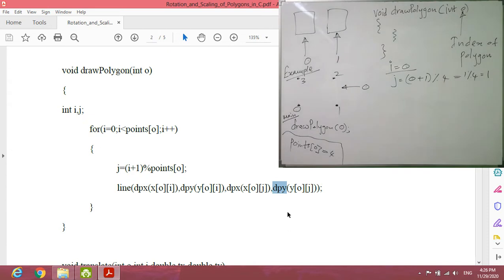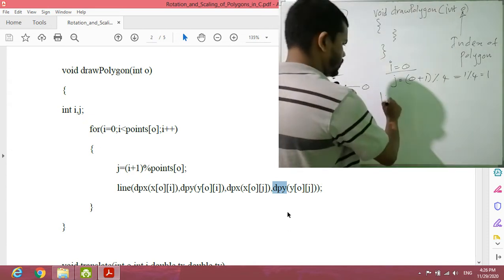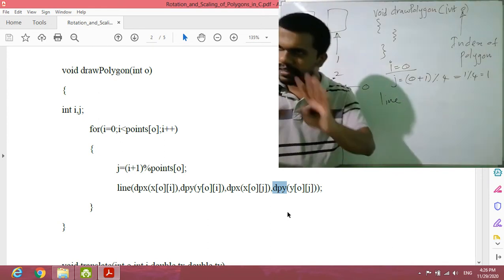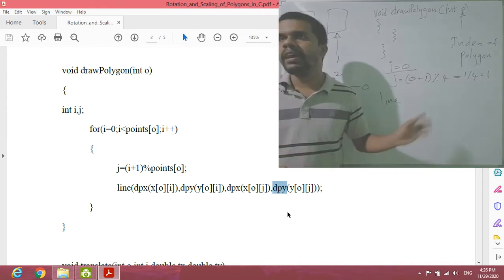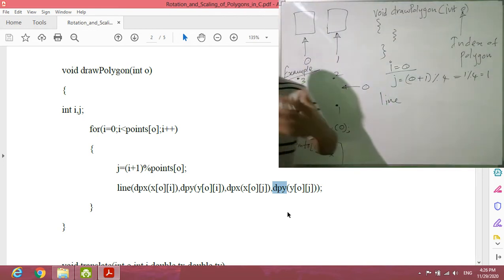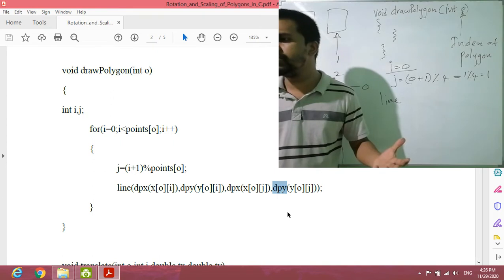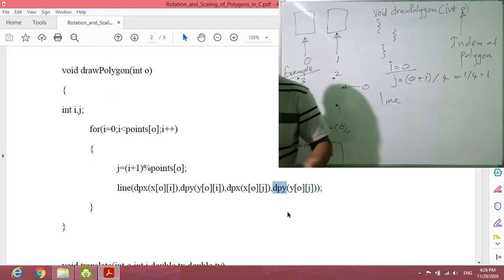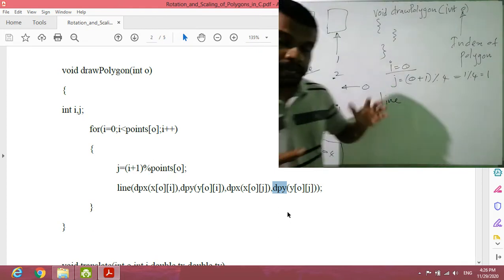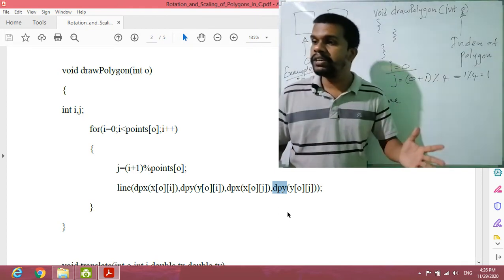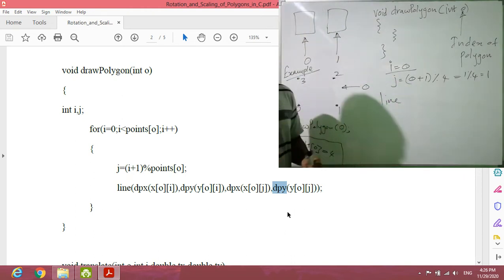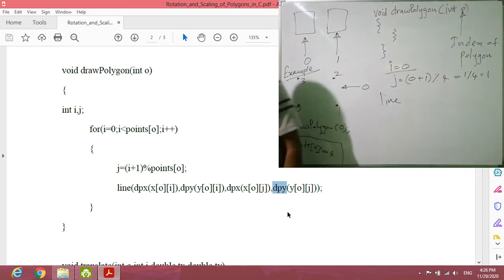The line function deals with graphics display, and its arguments should be integer values. Therefore we first round those values to the nearest integers. That is why we have used dpx and dpy functions. And the dpy function, in addition to rounding, changes the origin, as I have discussed earlier.